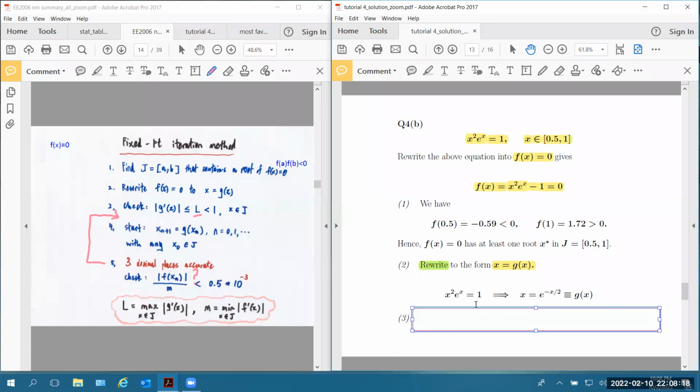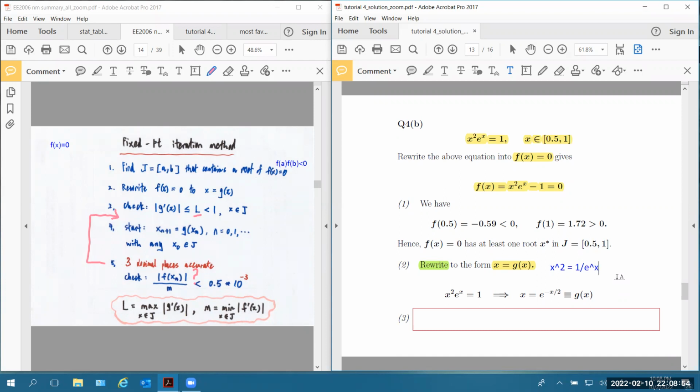Can you see how they do it? From here, how does it become like that? What do you think they do? Divide by e^x throughout, then square root the answer. Yeah, that's right. So it's actually divide by e to the power x.